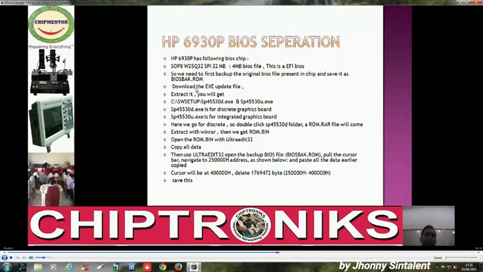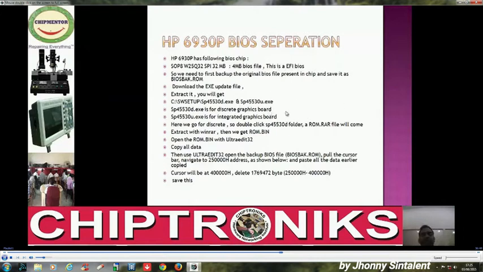Now we download the exe update file. If you extract it, you will find two files, that is sp45530d.exe and sp45530u.exe. D is for discrete, U is for integrated. Discrete means a separate graphic chip, integrated means all integrated.